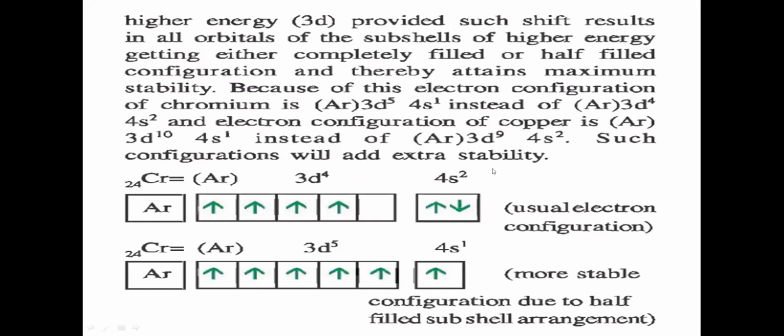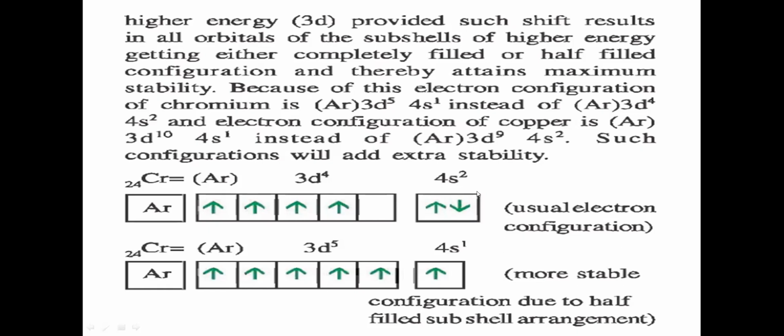Let me just explain this. For example, this is the electronic configuration of chromium metal. Argon is completely filled. Let us talk about the d. For 3d, the capacity is 1, 2, 3, 4, 5. The electron should come into this subshell instead of this.